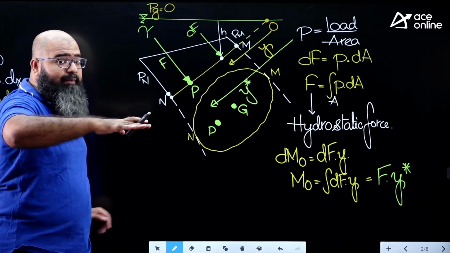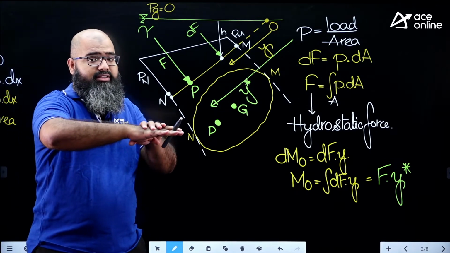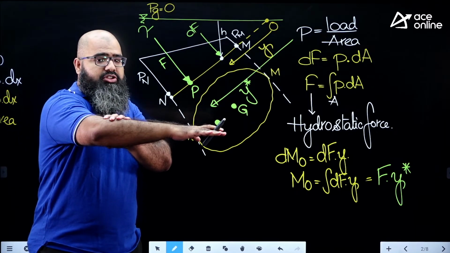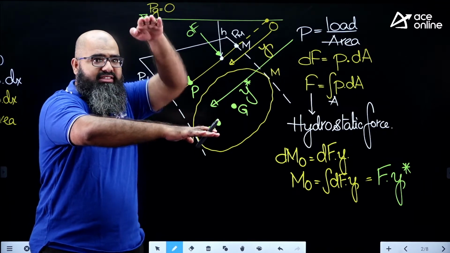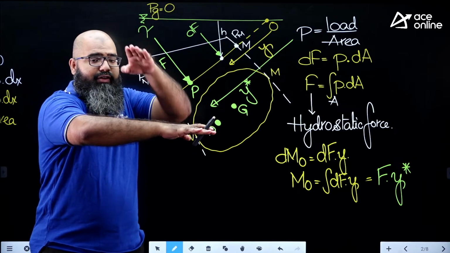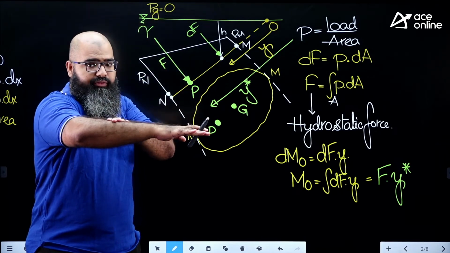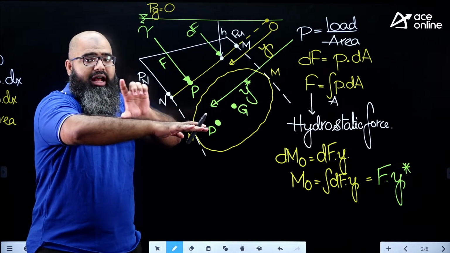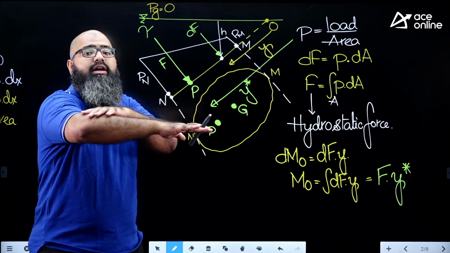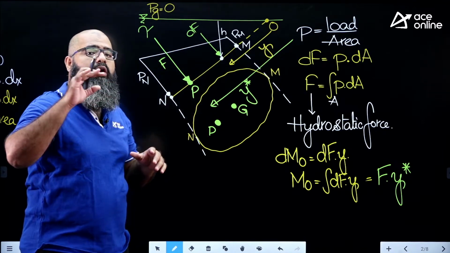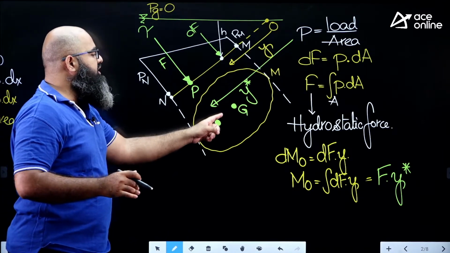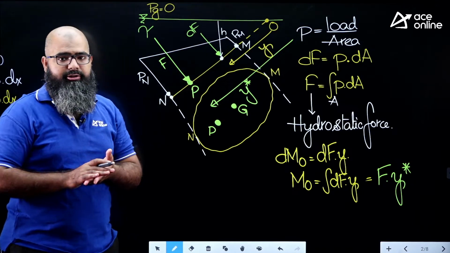Acha, had the plate been in a horizontal position, every point would have the same depth from the interface. If every point had the same depth, then every point would have the same intensity of pressure. It would become something like a UDL. Only in that situation would the center of pressure coincide with the center of the plate.